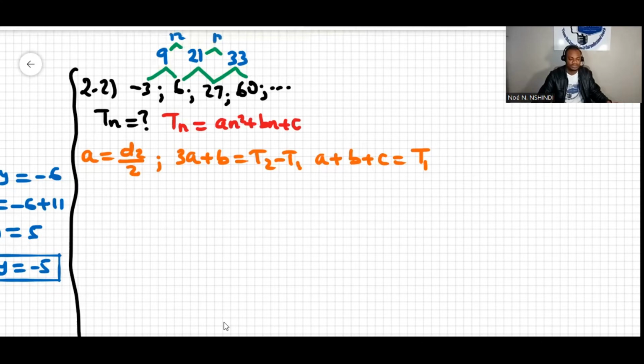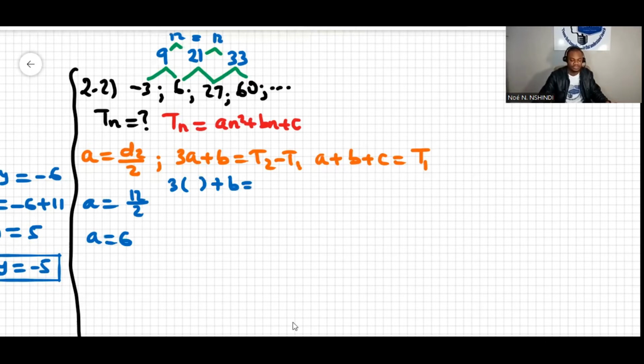You see, the second difference is constant, so we can say a will be equal to 12 over 2, therefore a equals 6. And then over here we can say 3a plus b equals the first difference.